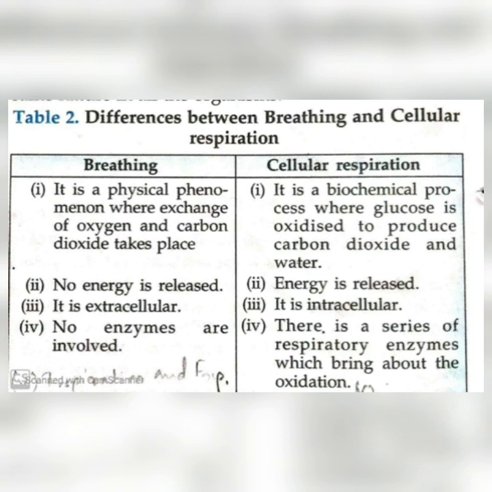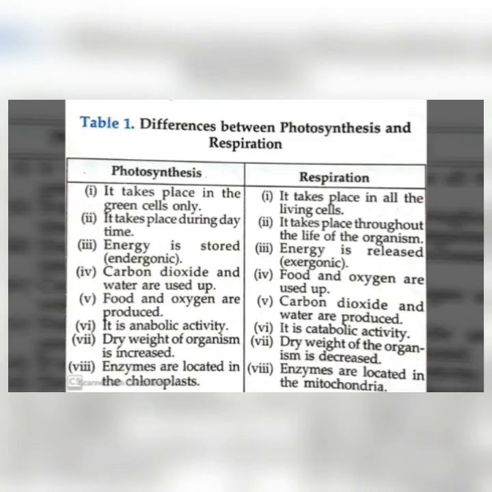Now we will learn about the differences between photosynthesis and respiration. Photosynthesis is an anabolic process whereas respiration is a catabolic process. In photosynthesis, energy is stored, whereas in respiration, energy is released. Photosynthesis uses up carbon dioxide and water and produces food and oxygen, whereas in respiration, food and oxygen are used up and carbon dioxide and water are produced.